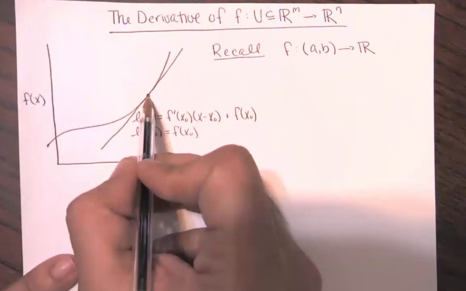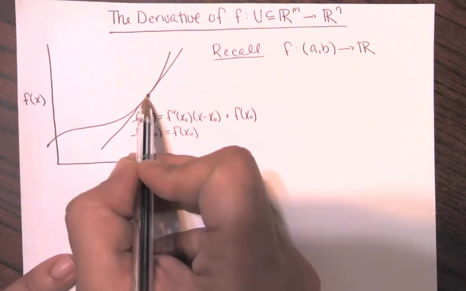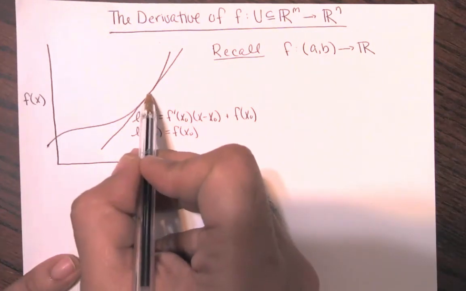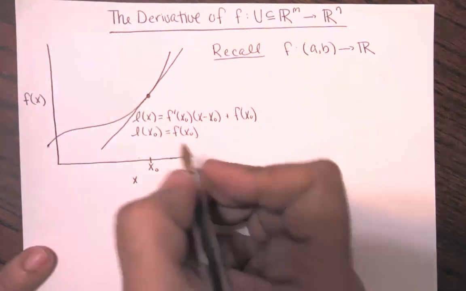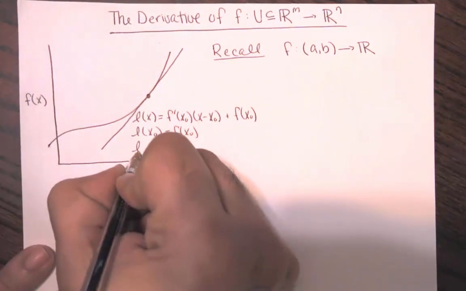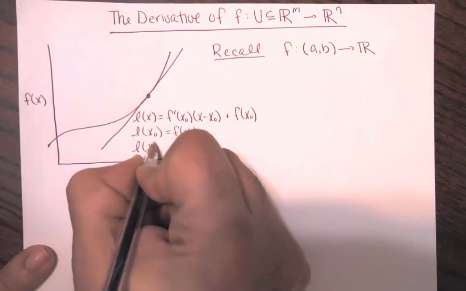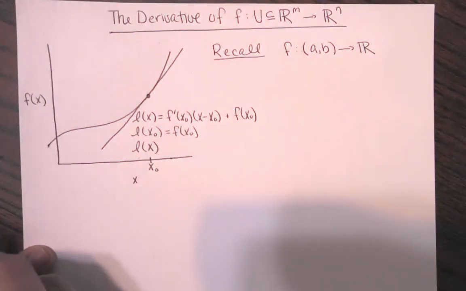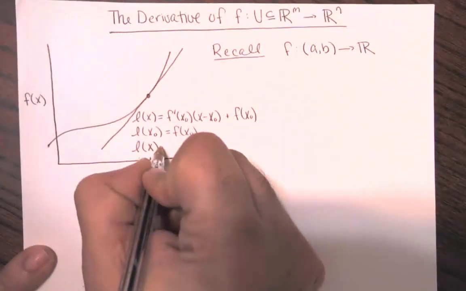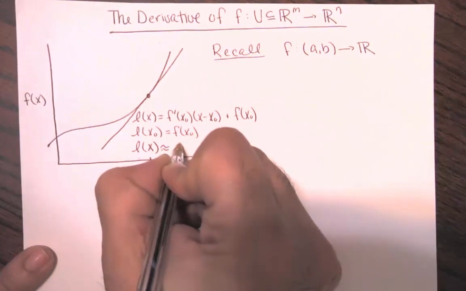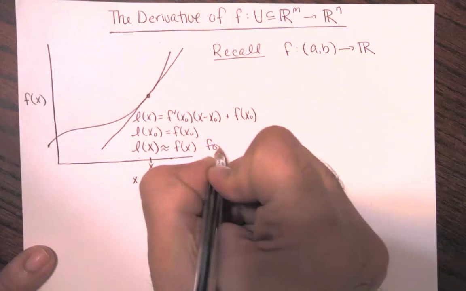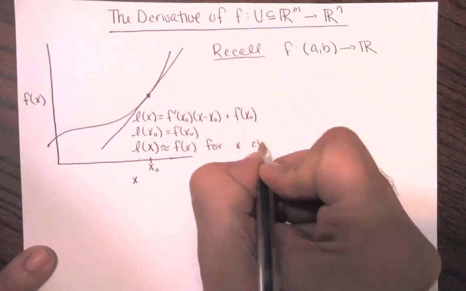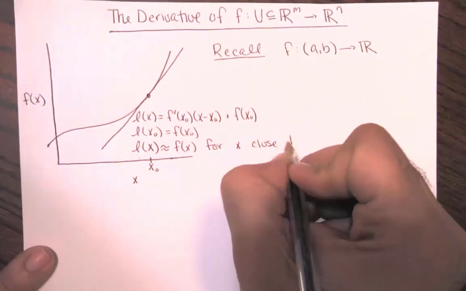Now, of course, they only have the same rate of change here at this point, but the rate of change means their change is similar nearby. In other words, another feature of our tangent line is that L of x is approximately equal to f of x for x close to x naught.